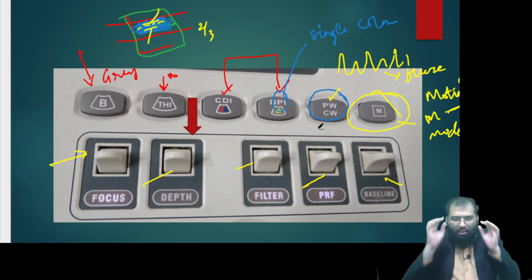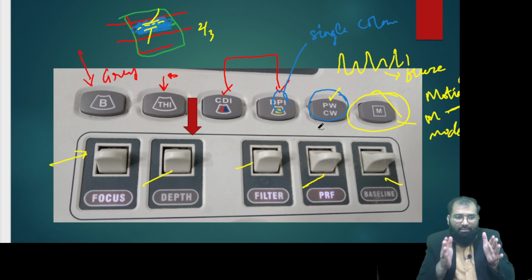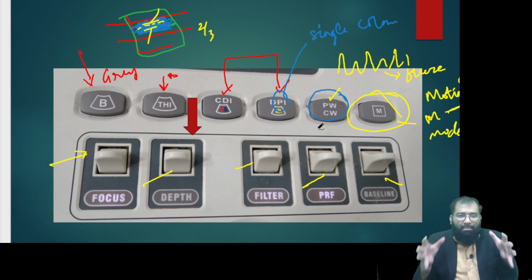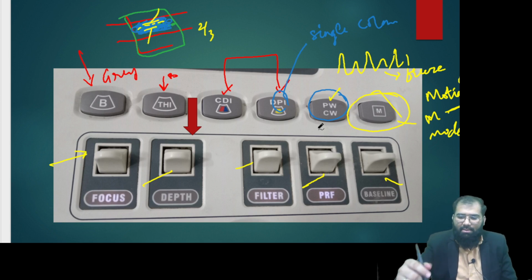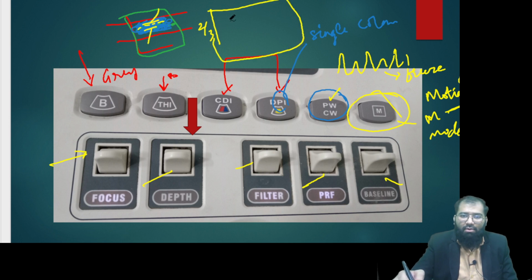Basically, what I'm trying to explain is that you should know how to make the best use of what you have. Suppose you switched on your ultrasound machine and your screen is this big, and out of that you are using only this much portion.